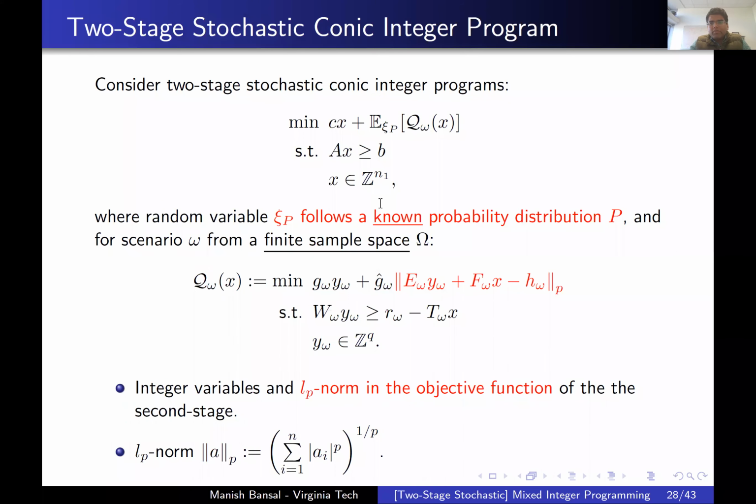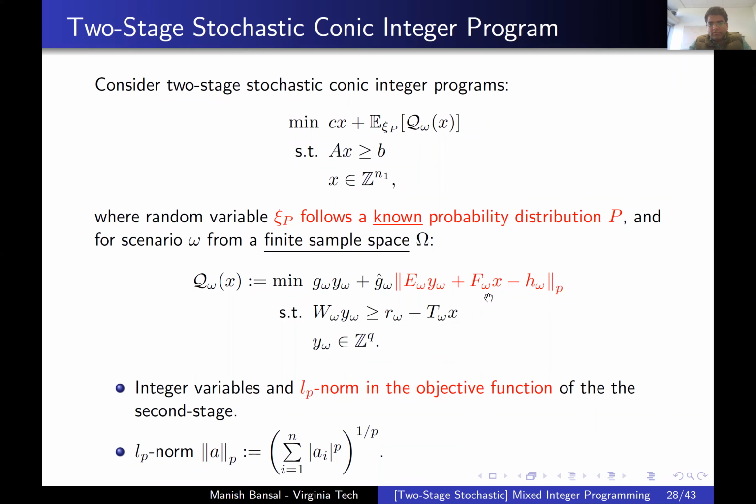Now, recently, one of my students and I said, okay, let's further generalize the two-stage stochastic mixed integer program by considering an LP norm in the objective function.